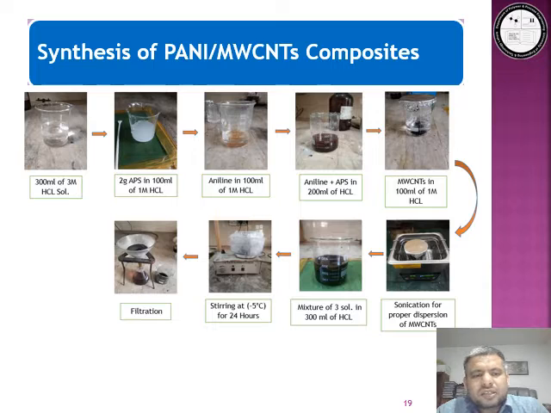Next, a precise amount of multi-wall carbon nanotubes in a 1 molar solution of HCl was dispersed by sonication for 30 to 40 minutes. Then these three solutions were mixed and stirred for 24 hours at 0 centigrade. Initially, the prepared solution was filtered, washed and dried at 40 centigrade for 24 hours. The samples were prepared in a similar way, just by varying the amount of multi-wall carbon nanotubes.